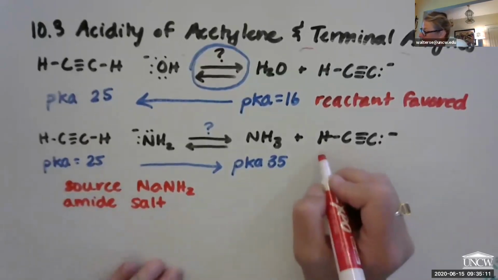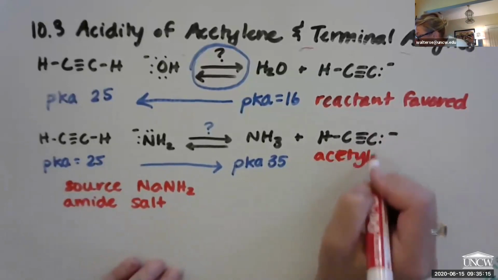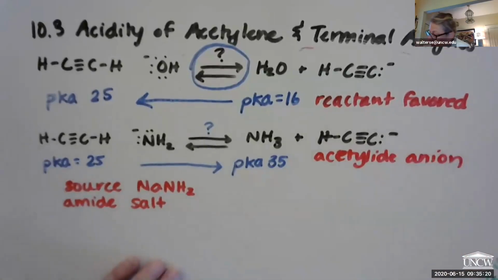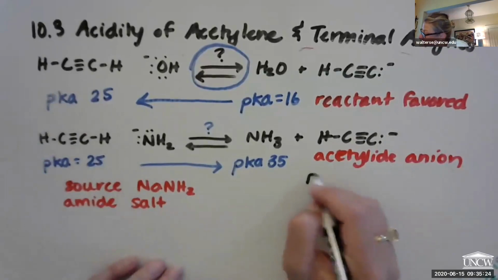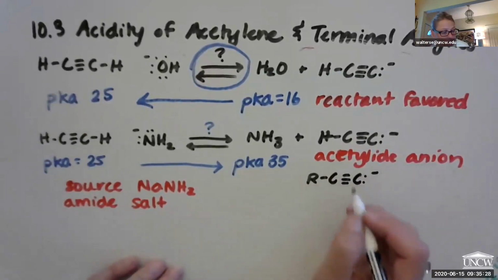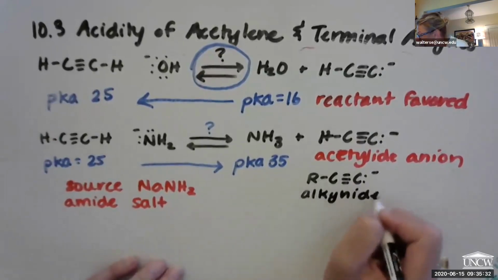Then you're going to make, in this case, what is again called acetylide anion. But if you did this on a terminal alkyne that had an R group over here, it just has a slightly different name. It's called an alkynide anion.